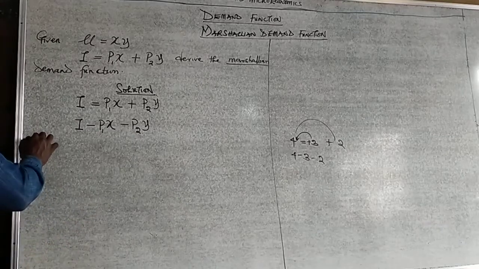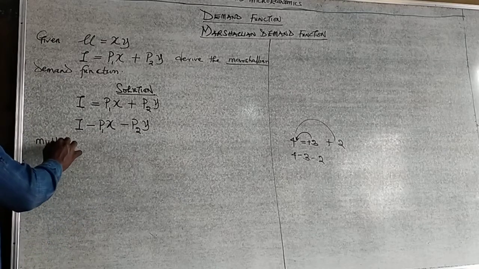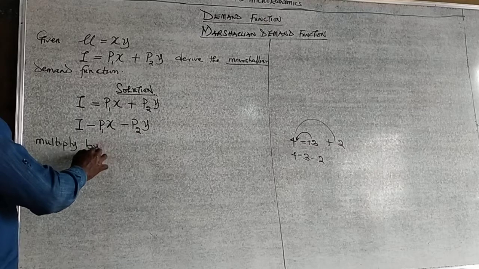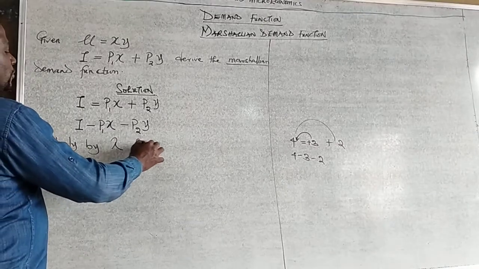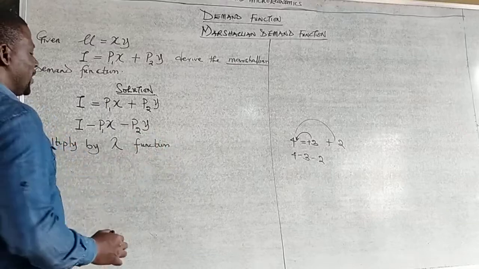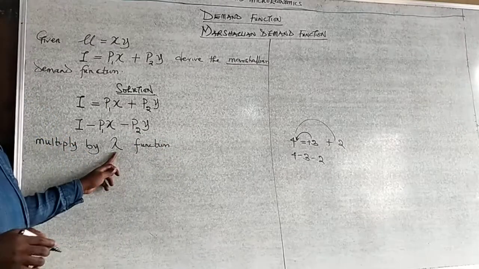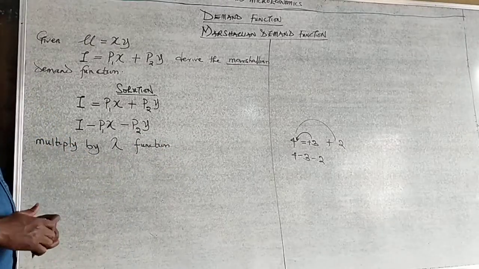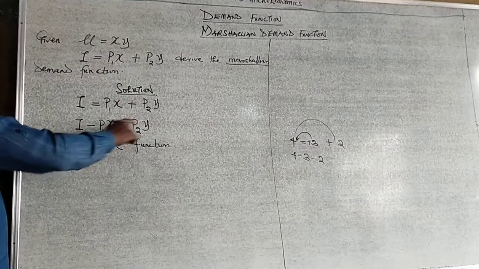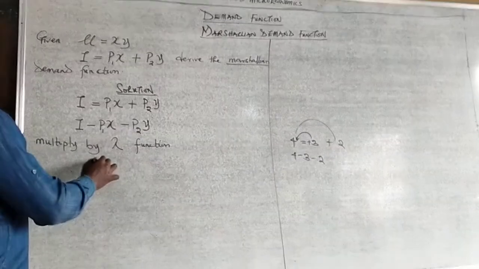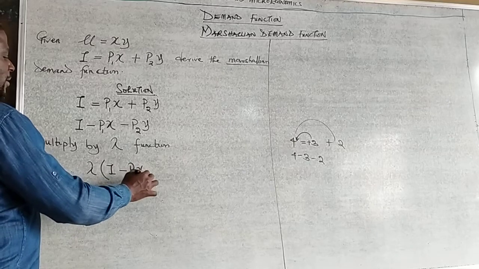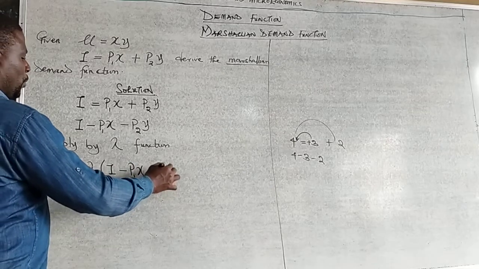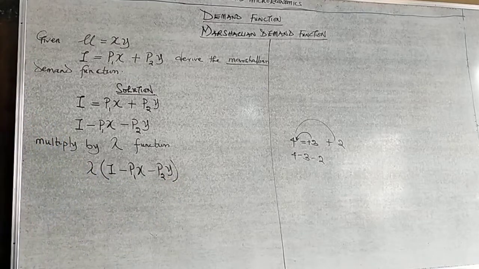So I can now multiply by the Lagrangian multiplier. This symbol, we call it lambda. Are we together? So multiply this with lambda. You are going to have lambda into I minus P1x minus P2y. Are you with me?